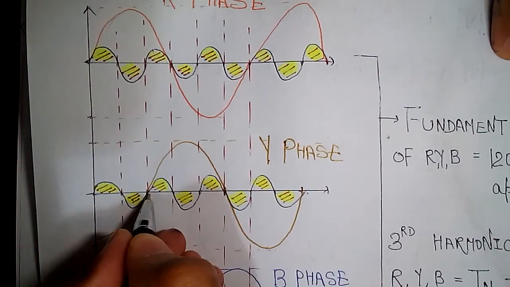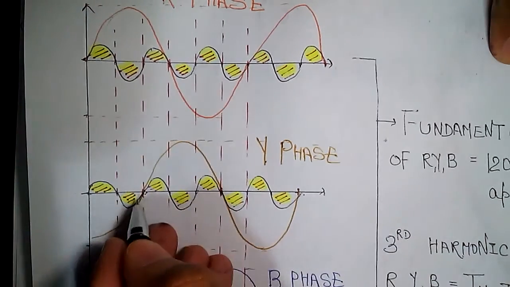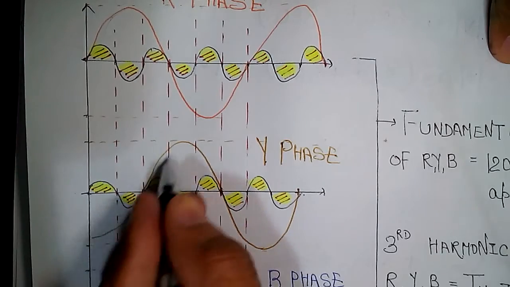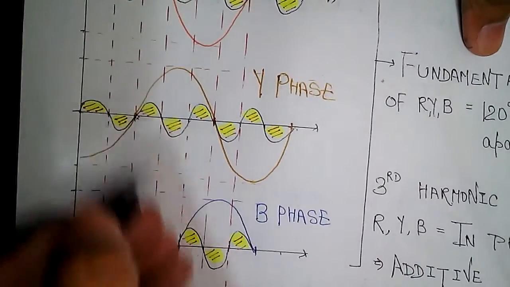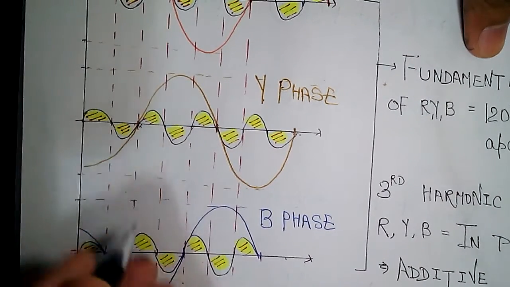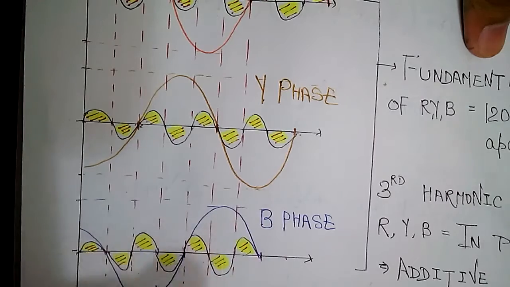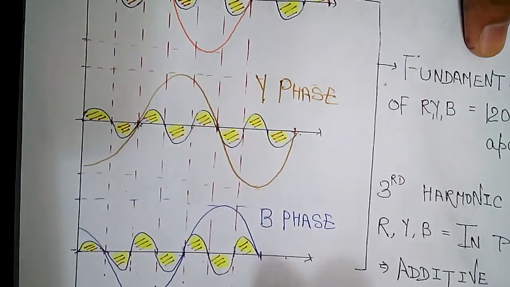My Y phase starts from 120 degrees, because Y is 120 degrees ahead of R, and like this. I am talking of fundamental waveforms. And my B is 240 degrees ahead of my R and 120 degrees ahead of Y, so it will start from here and this waveform. Now this I talked about fundamental.